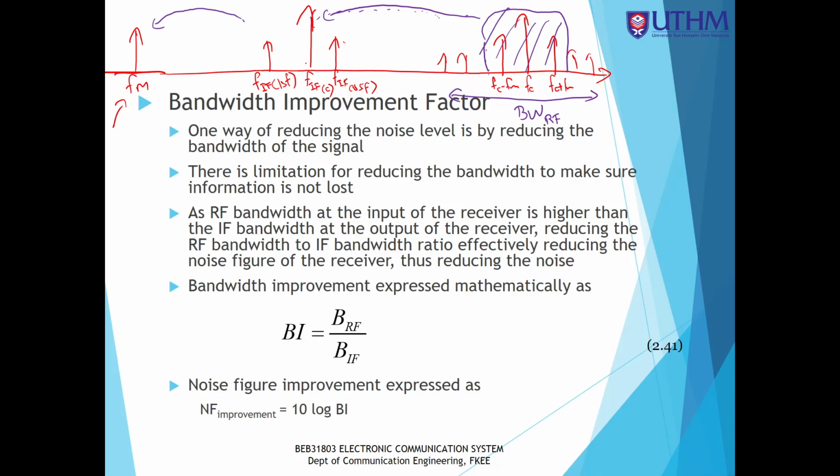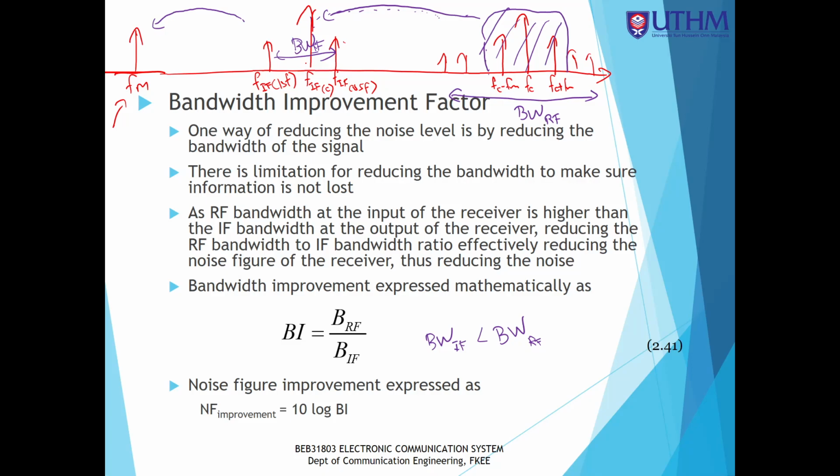So what is the bandwidth of IF? Bandwidth of IF is this one, a smaller portion of bandwidth that has been selected. You see that the bandwidth of IF is lower than the bandwidth of RF.